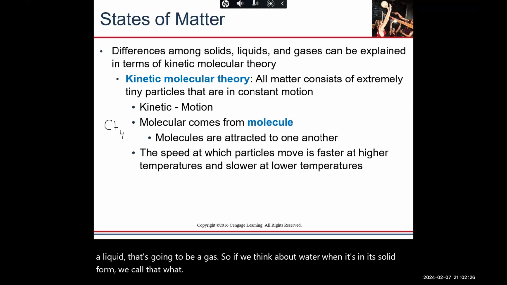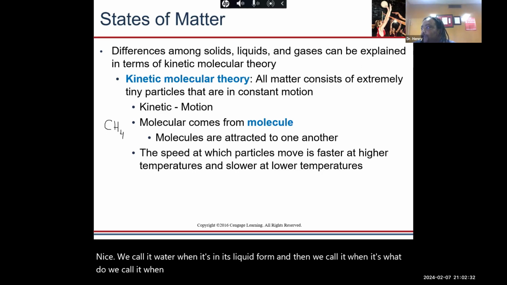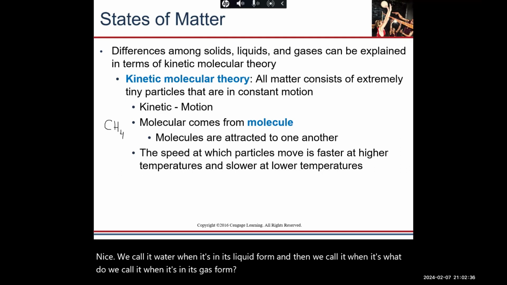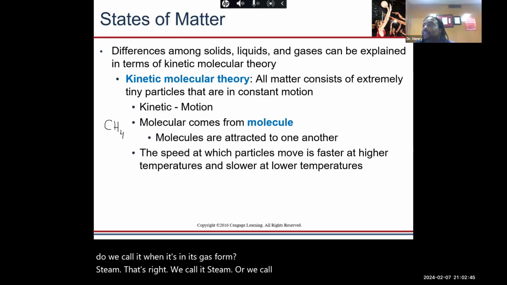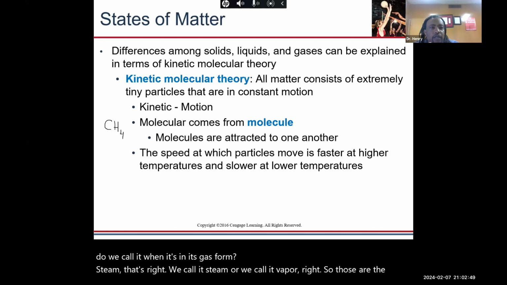Ice. We call it water when it's in its liquid form. And what do we call it when it's in its gas form? Is it steam or something? Steam. That's right. We call it steam or we call it vapor, right? Vapor, yeah. So those are the three states of water, right?